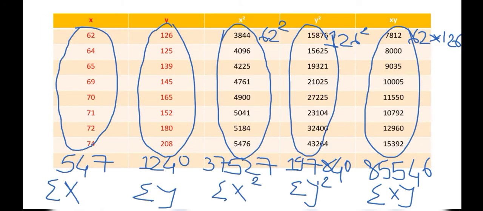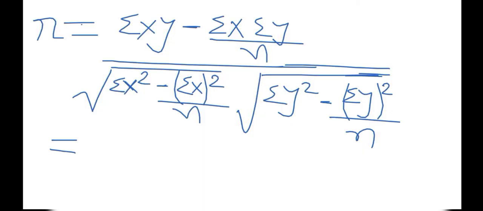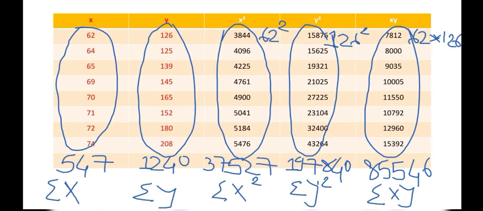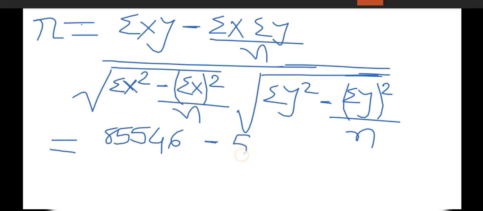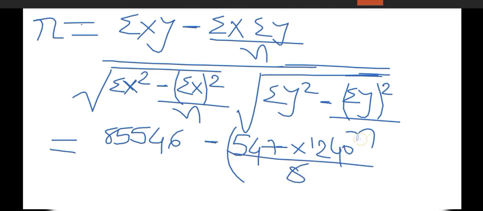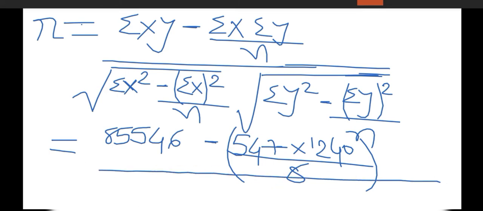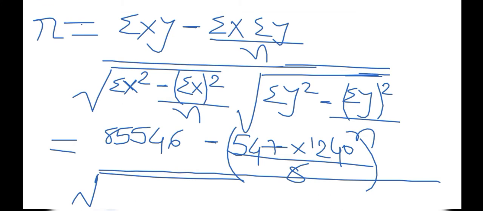Now, as you can see here, sigma xy is 85546. Then sigma x is 547, and sigma y is 1240. So 547 into 1240 divided by n, which is 8, and now whole divided by square root of sigma x square.